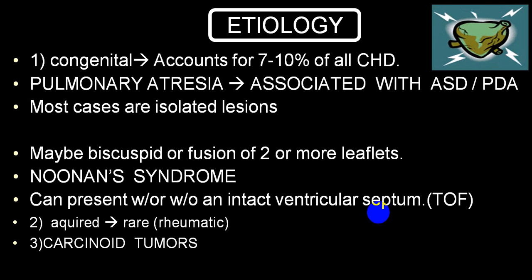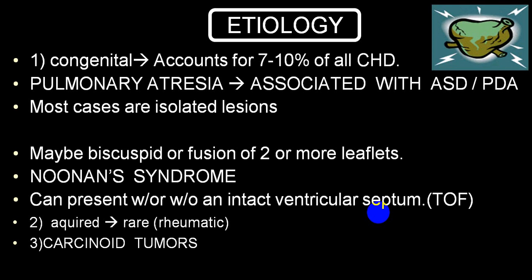It can be associated with other congenital heart disease like intact ventricular septum or without ventricular septum. Without ventricular septum, that is interventricular septal defect, or we call VSD, very commonly associated in a tetralogy of Fallot.